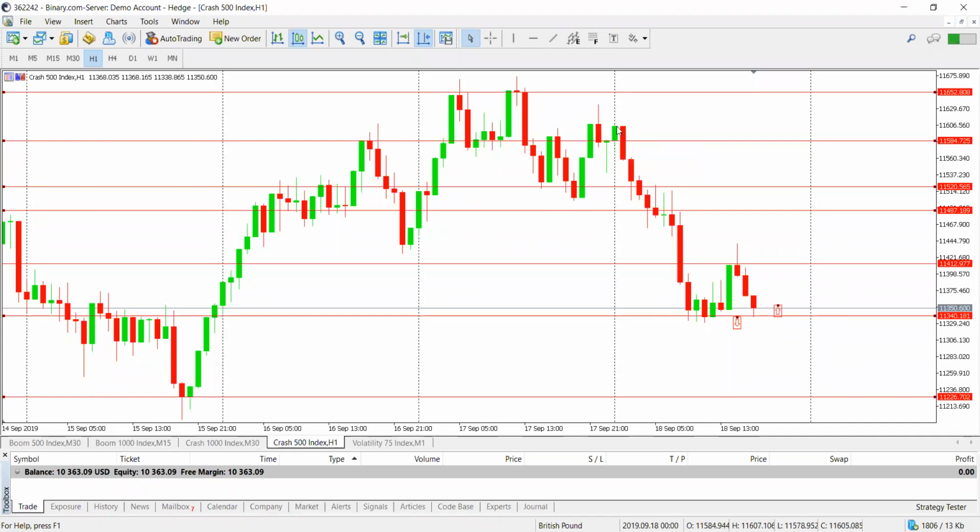Also here, we had a reversal pattern from here, and also this break of the supports by an engulfing bearish candle, telling us that price is going down.